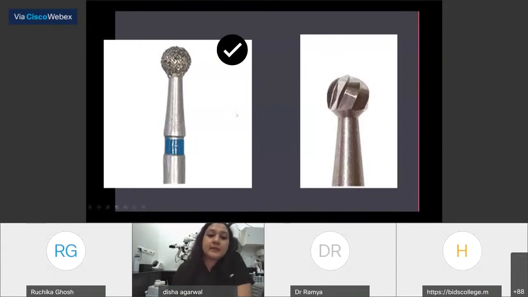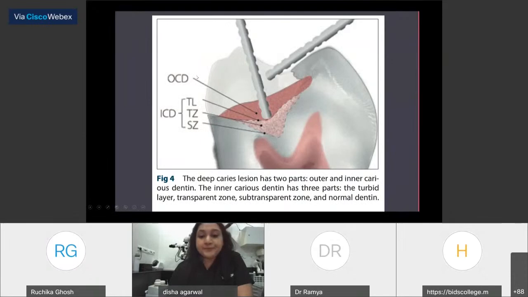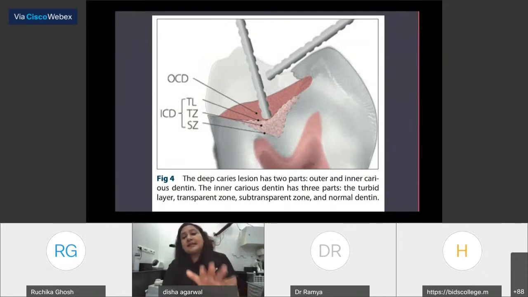Use something like a diamond point, which will create a thinner smear layer. Because I use self-etching dentine bonding agents, my choice is the diamond point. Okay, go ahead. This is the exact measurement when you have to stop.